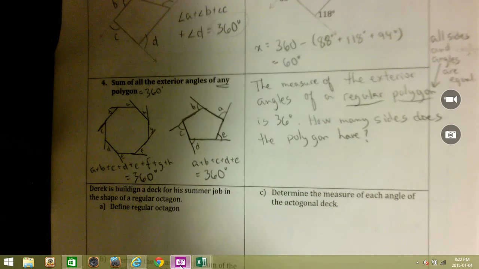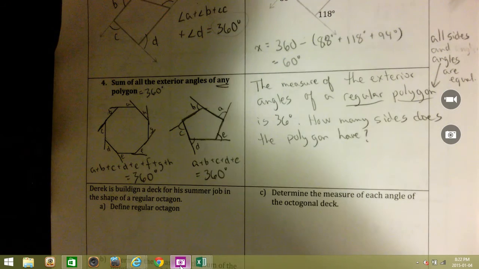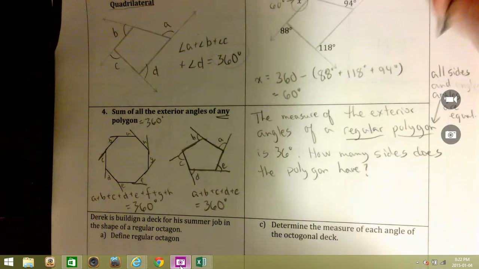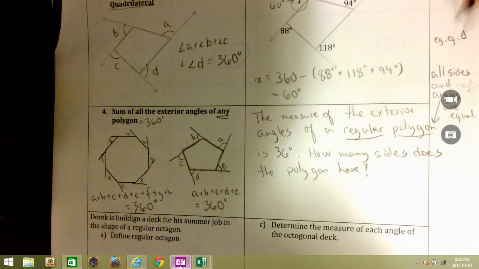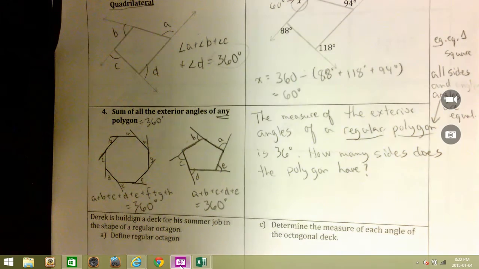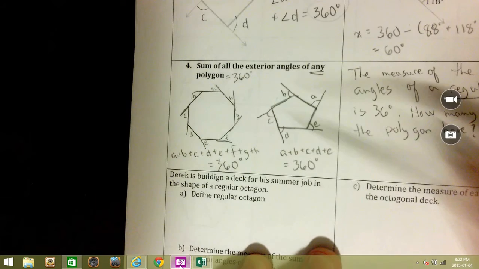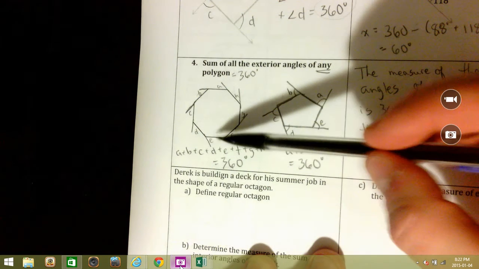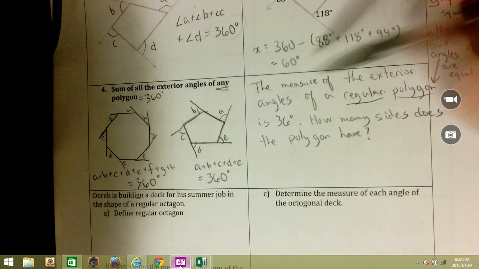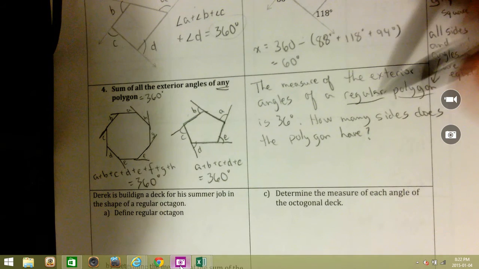So an equilateral triangle, for example, is a regular polygon. A square is a regular polygon. We also have here what looks to be a regular octagon. All sides and all angles are equal. So the exterior angles of a regular polygon is 36 degrees.